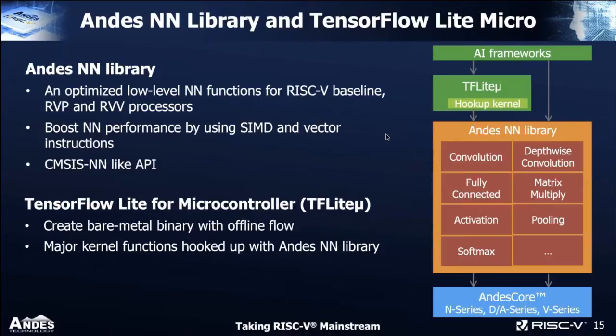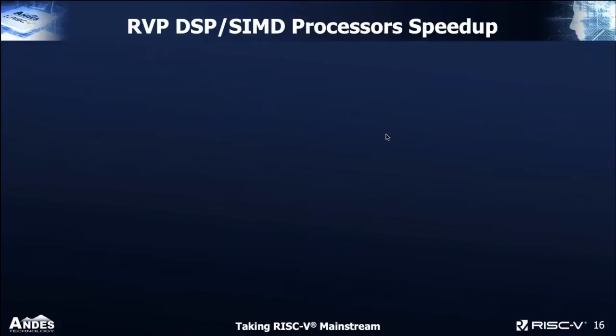You'll have an API that's compatible with CMSIS-NN. Again, shortening the time to market. If the NN library doesn't quite fit the application, we could actually fall back to TensorFlow Lite for Microcontrollers. So the TensorFlow Lite and the NN library are very complementary.